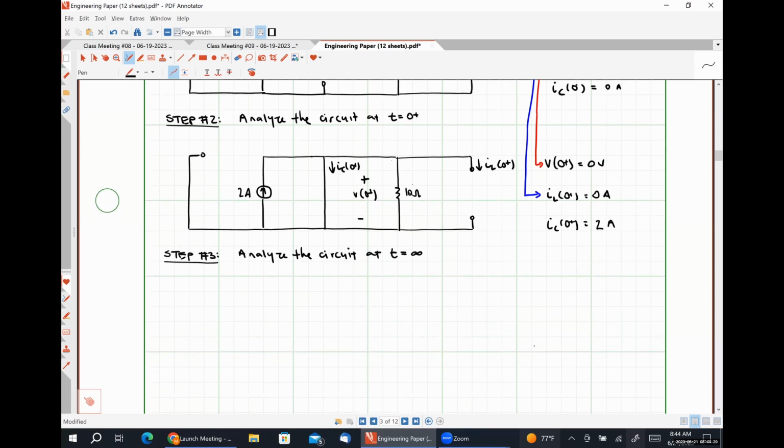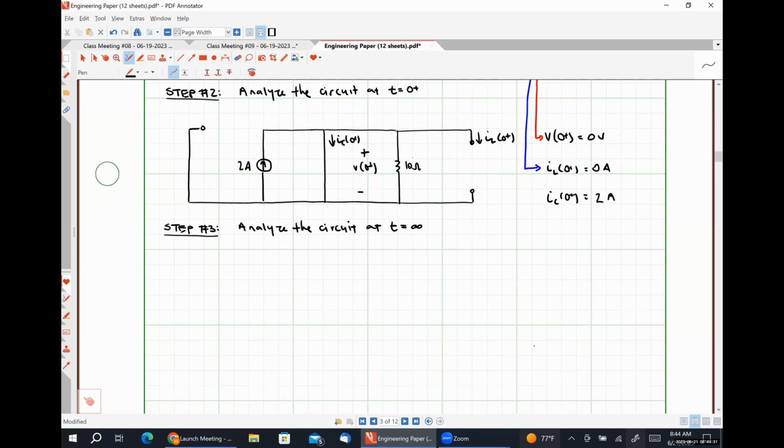So at t is equal to infinity, we are once again at DC steady state, but our switch is in the same position as it was at t is equal to 0 plus. So our short circuit to the left is going to be disconnected from our current source.